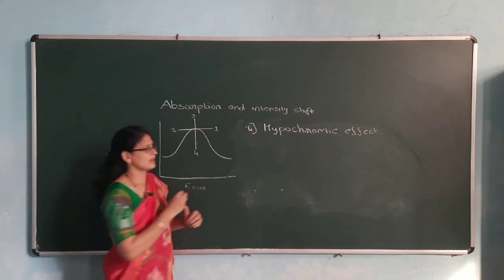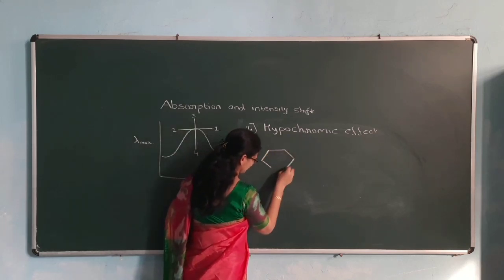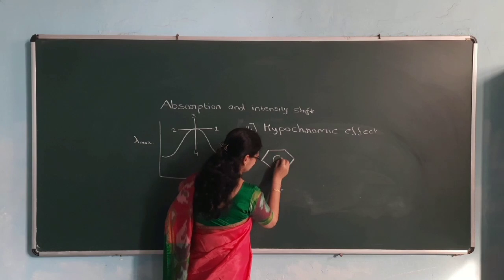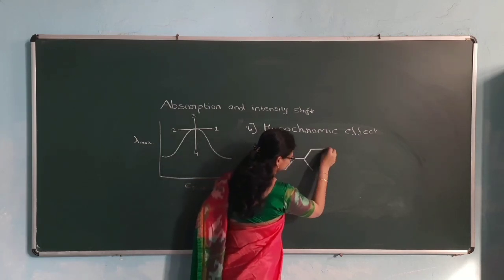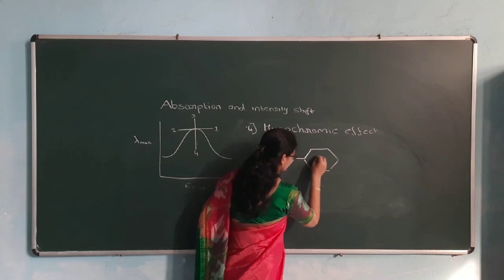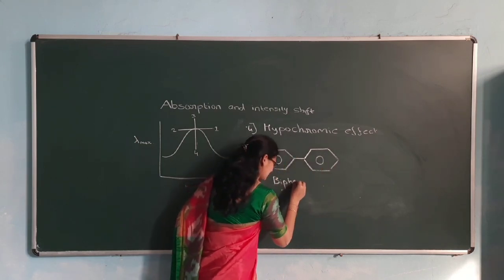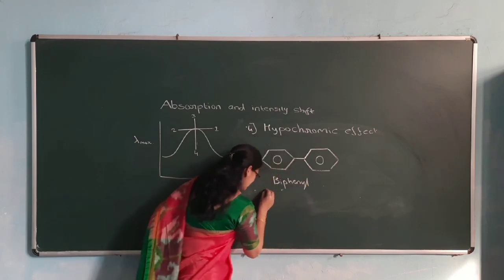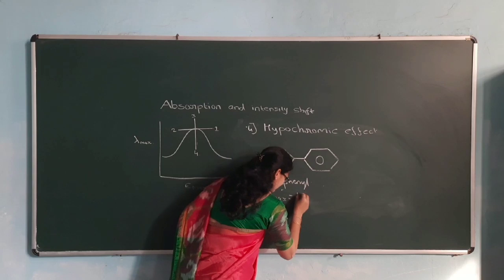So we will take the example biphenyl. This is biphenyl. The intensity of absorption, that is epsilon max, is equal to 19,000.